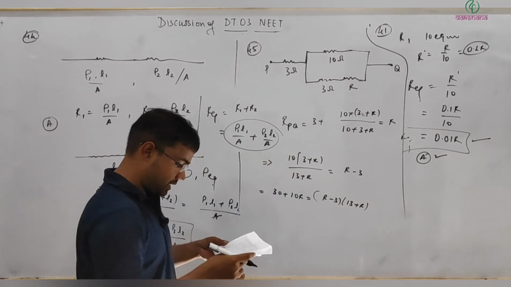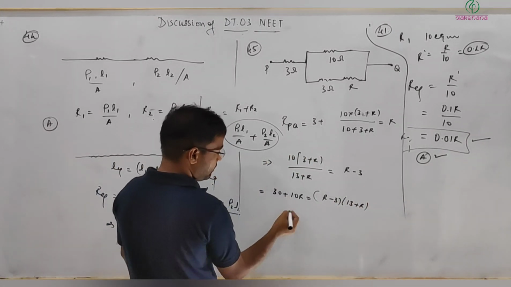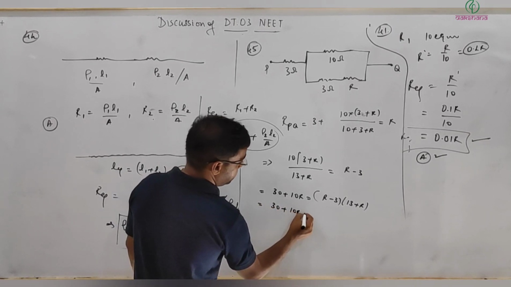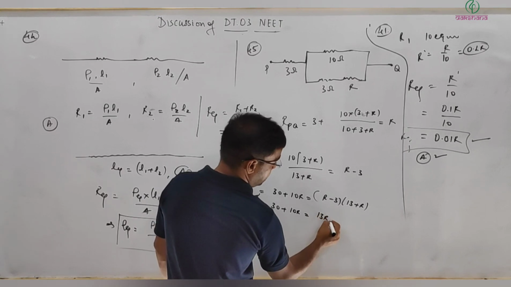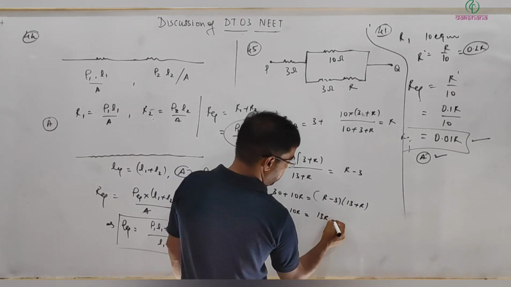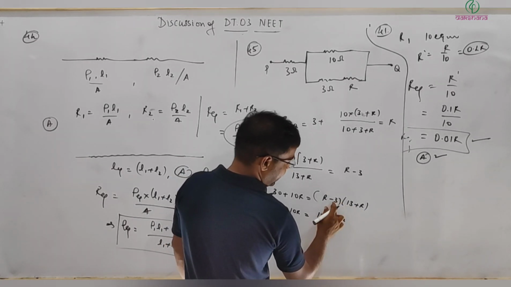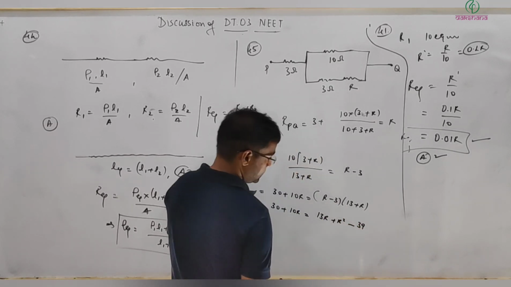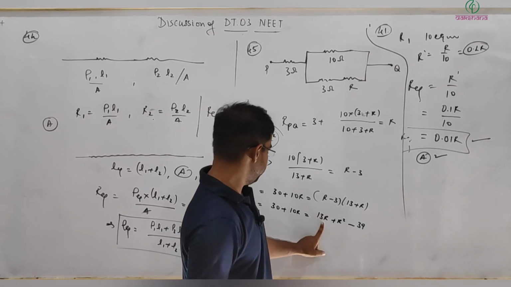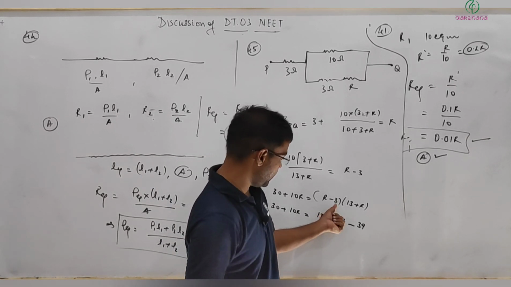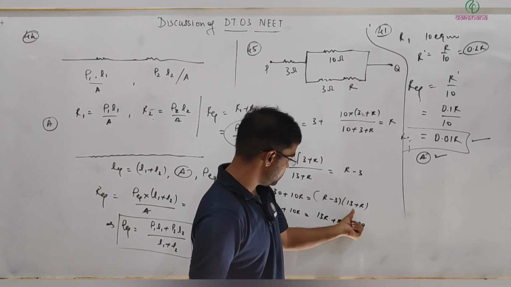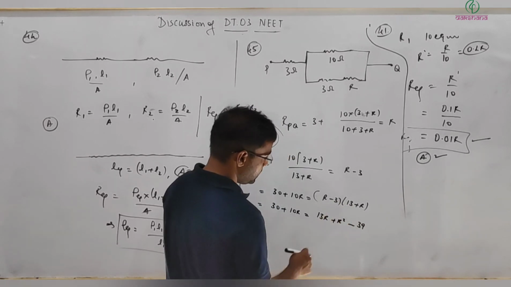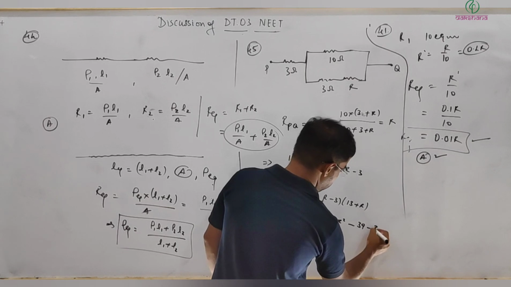Solving, you will get a quadratic equation, or I can simplify it: 30 plus 10R equals 13R plus R square, minus 39, and 13R into minus 3 gives minus 3R.